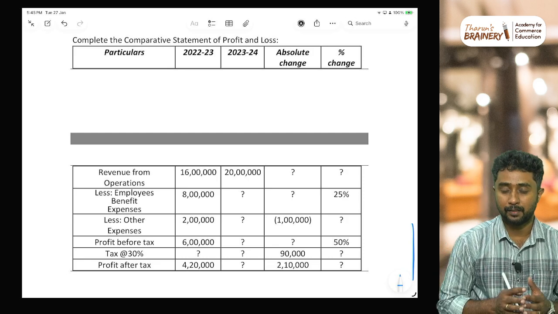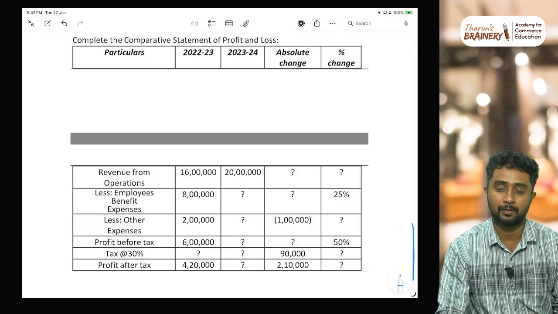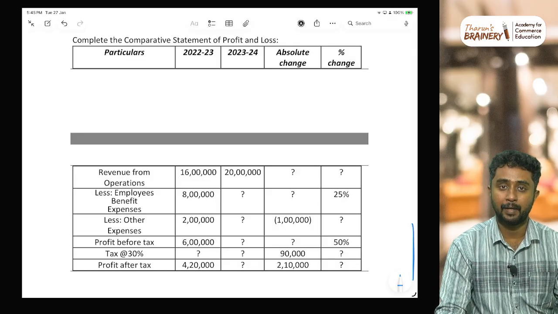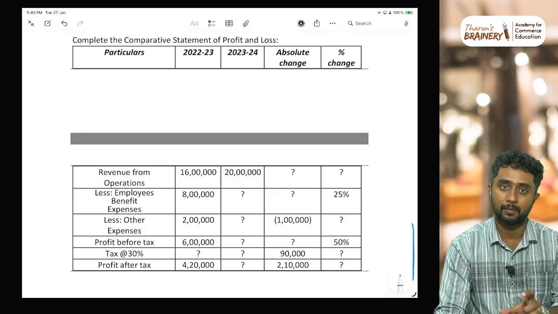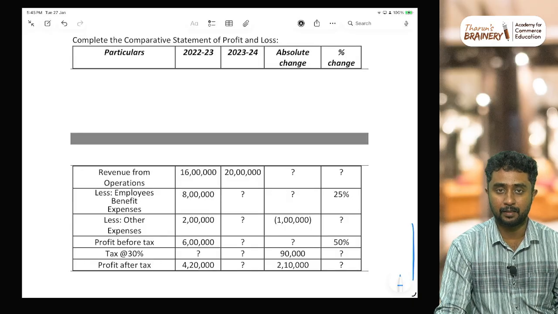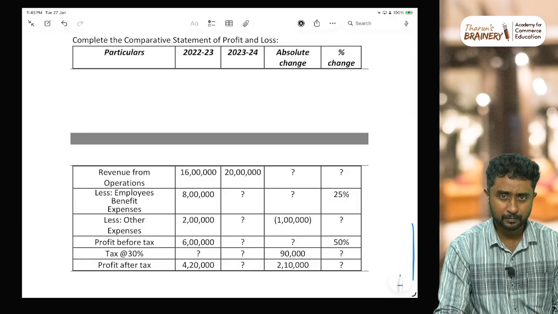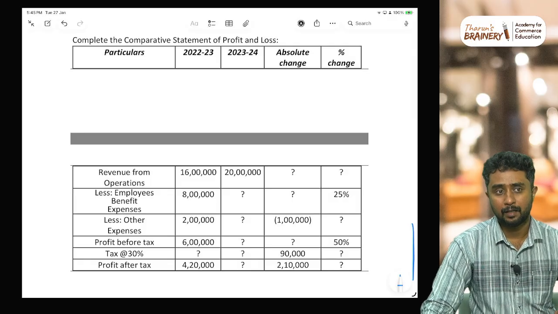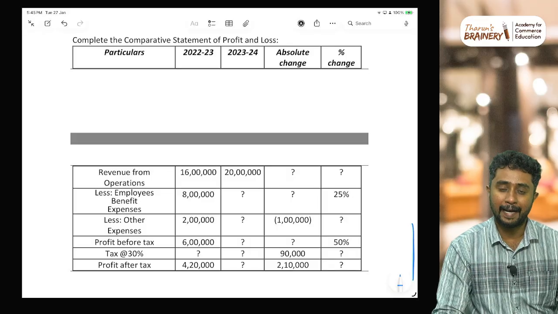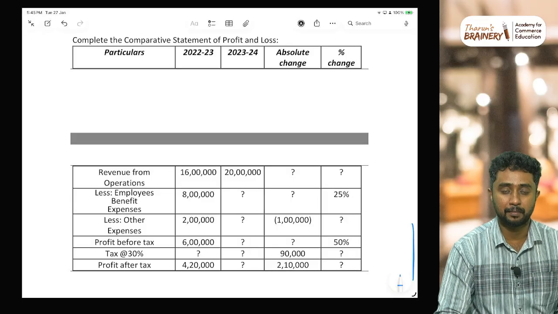First of all, what is a comparative statement? Forget about the term balance sheet or profit and loss account. Just think about the term comparative statement. What does it mean? Comparative statement is nothing but we are comparing the financial data of 2 years, and we are finding out the actual change that happened in the values over the period of these 2 years.